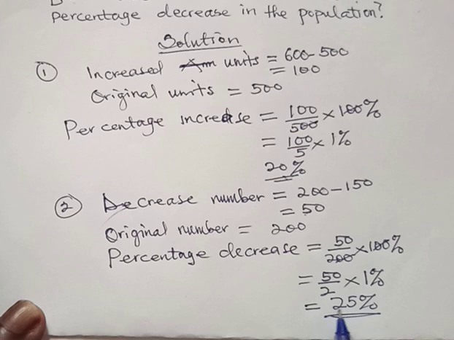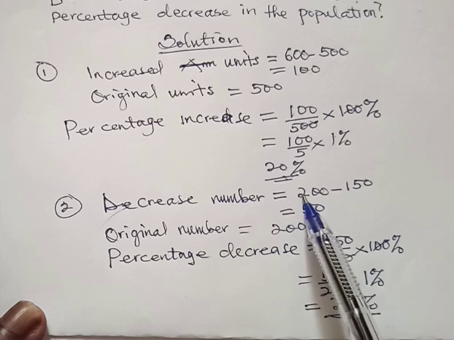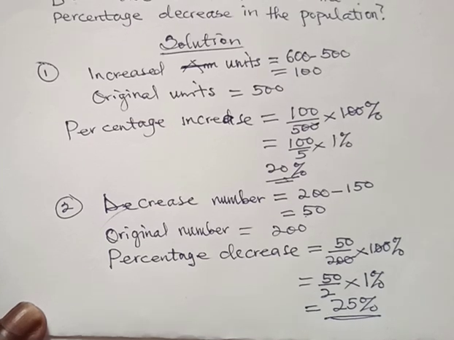So in percentage terms, it means that the total number of animals, which is 200, has been decreased by what? 25%. It has been reduced by 25%. But in number terms, it has been reduced by 50. Okay, good. But in percentages, it has been reduced by 25%.